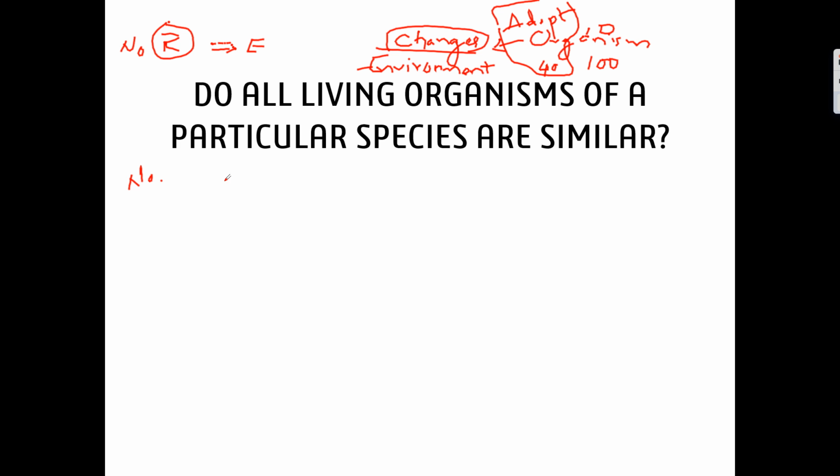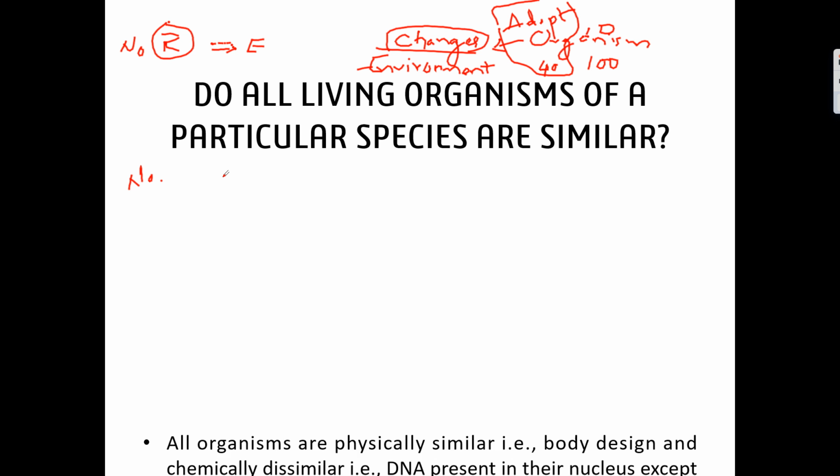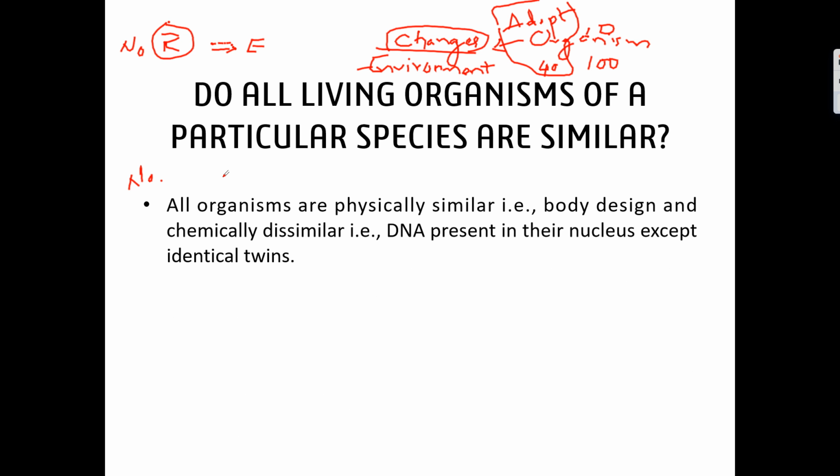But still we are different from one another. This is what I want you to understand. Though all organisms are physically similar, our body structure and body design are the same.